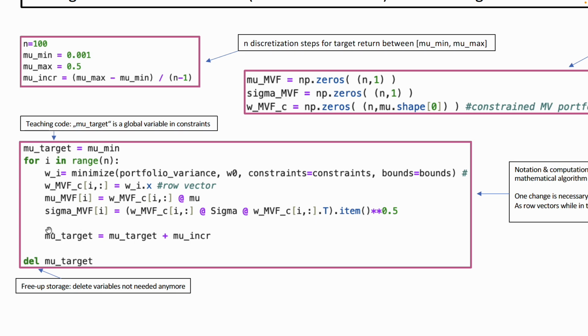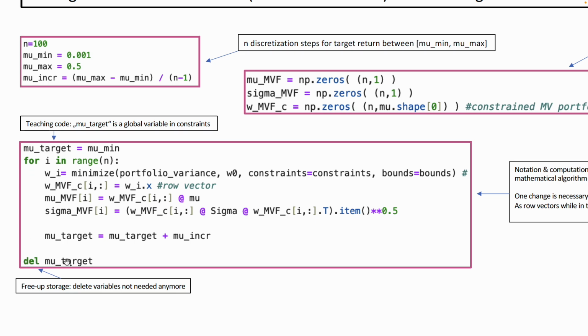And then you see I'm now incrementing the mu target by mu increment, which is also computed here outside of the loop. Now, whenever I said Python works with indentation, so we don't have brackets, but it's clear when I start on the same line, then this is outside of the loop.